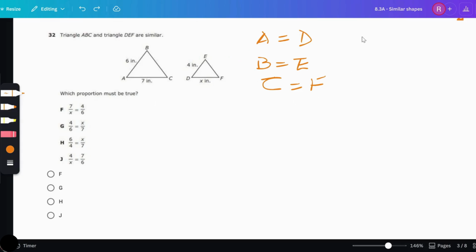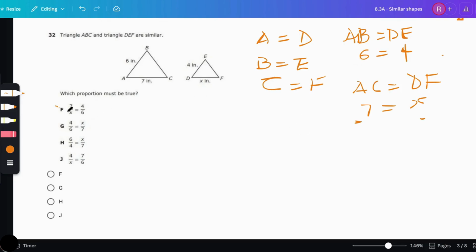AB is 6. AB will be equal to DE, and AB is 6, DE is 4. Then let's do AC. AC will be equal to DF, and AC is 7, DF is X. So now, which proportion must be true? Let's see. 7 over X equals 4 over 6. Says 7 over X, 4 over 6.